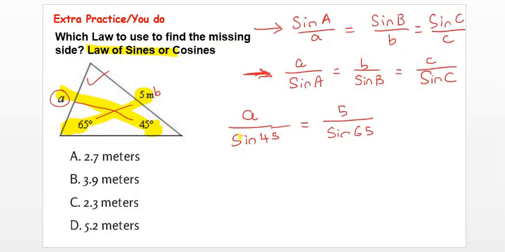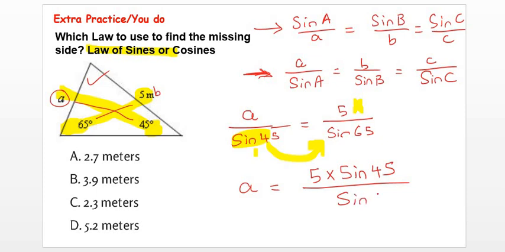Now how will you remove this from here? You have to take it to the other side. Right now it's in the denominator, so it will come over here in the numerator. Clear? So a will be equal to 5 times sine 45 over sine 65, and then you put all these values on the calculator to get the answer.